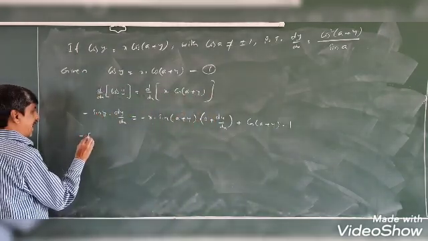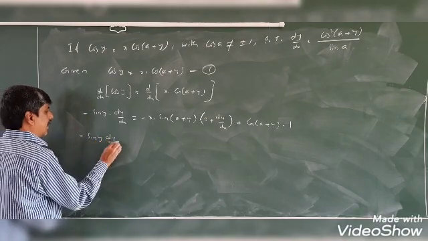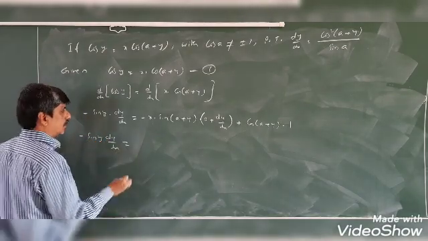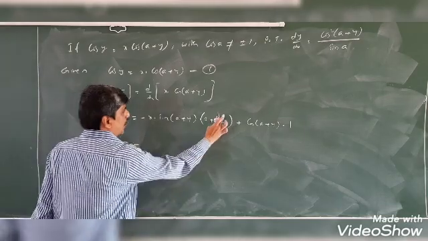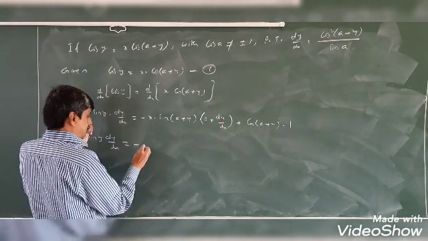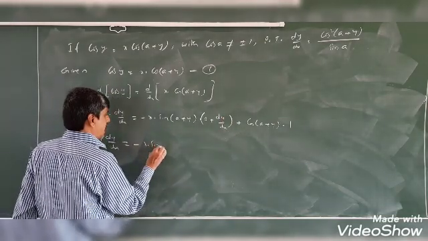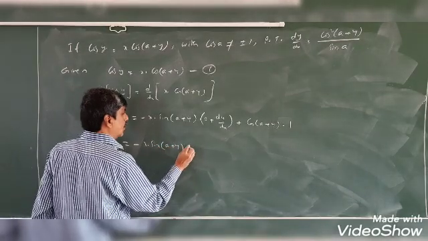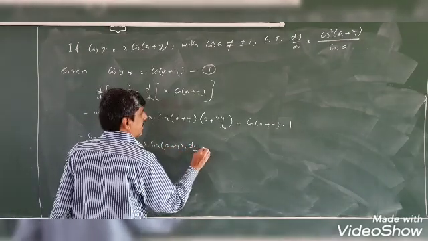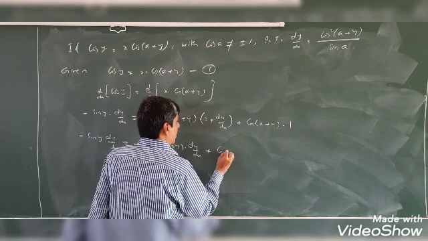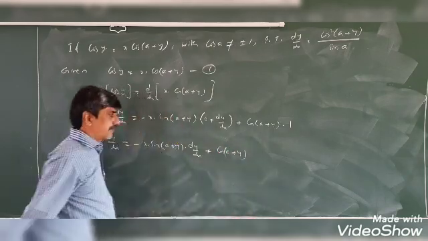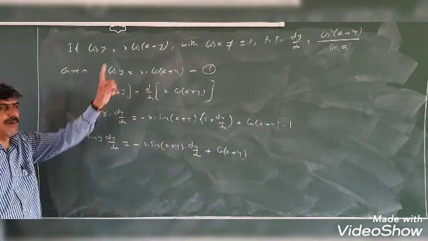So this is minus sin y dy by dx is equal to minus x into sin of a plus y into dy by dx plus cos of a plus y. We want to find dy by dx.